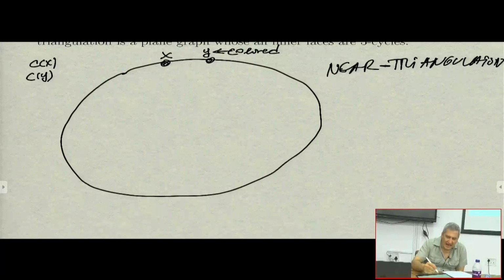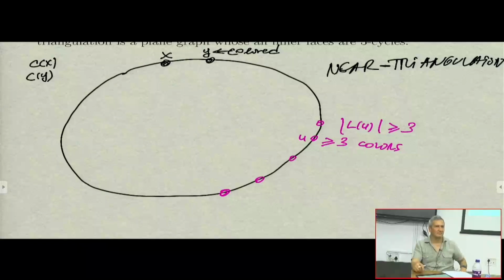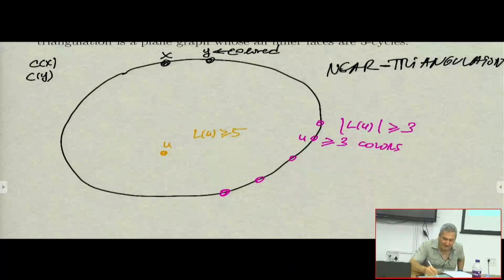And then every vertex on the border has at least 3 colors. So if this is a vertex u, the list of u we assume is at least 3. It can be even 5 or 10, but at least 3. And for a vertex inside, we assume that the list has size 5.